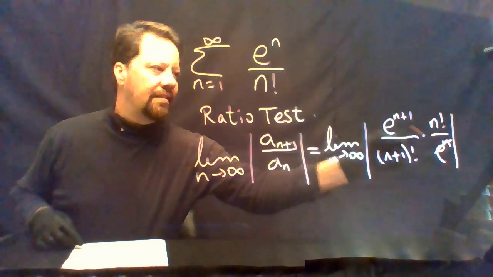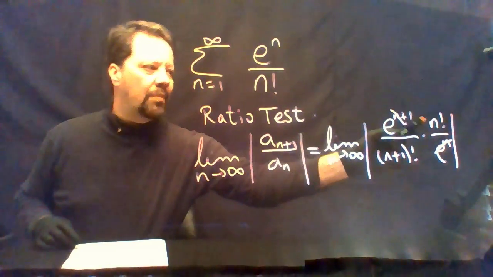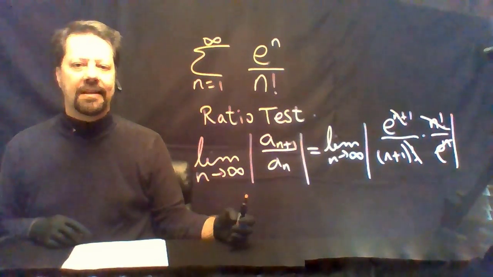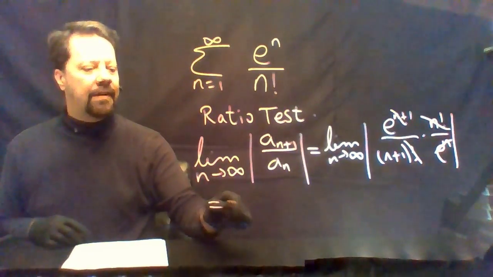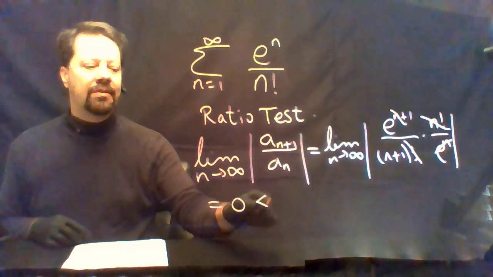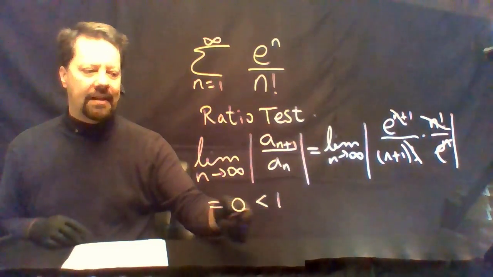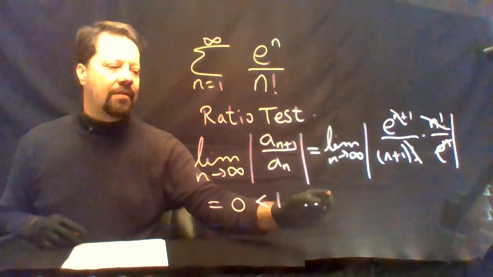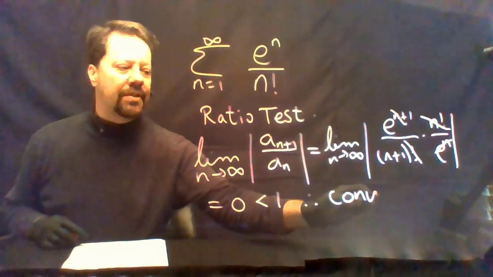You can see that n factors of e cancel, but more significantly, all but n plus 1 factors in the denominator. It follows then that the limit is 0, which is less than 1. That's the condition we need to state, and therefore this series converges.